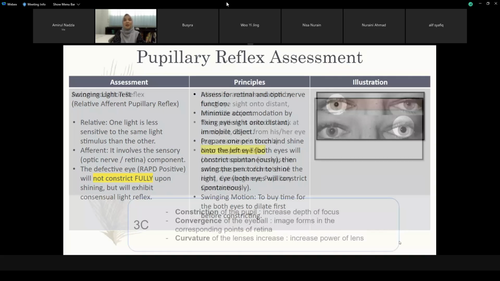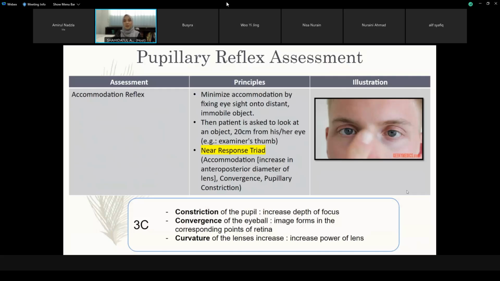So what happens in accommodation? When your eye tries to accommodate from a distant object, from distant vision, to a nearer one. But when looking far, your eye is relaxed.